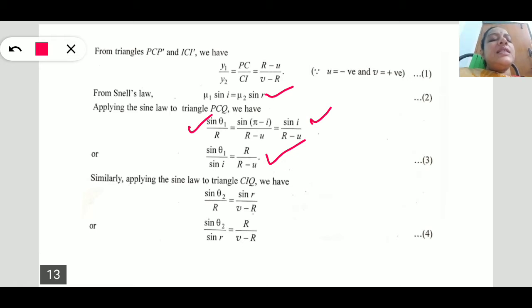Similarly, let us consider another triangle on the image side, that is CIQ.